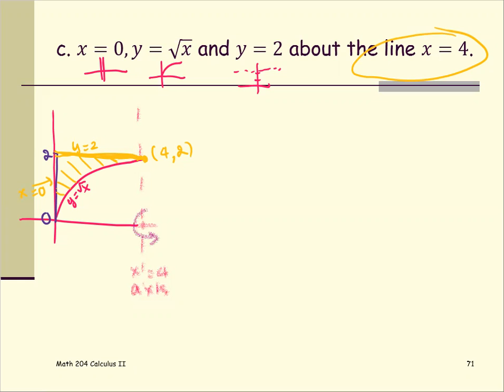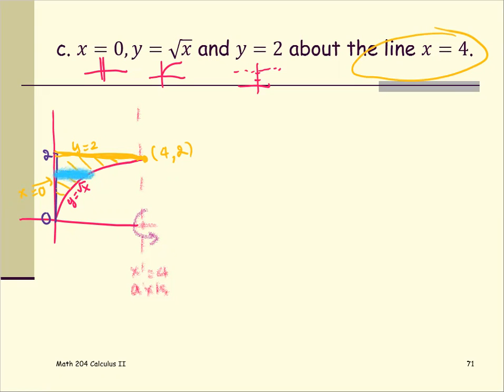To form the cross section, it will be perpendicular to the axis of revolution. No, wrong way, sorry. So this is the axis of revolution, and perpendicular is going to be crosswise like this.